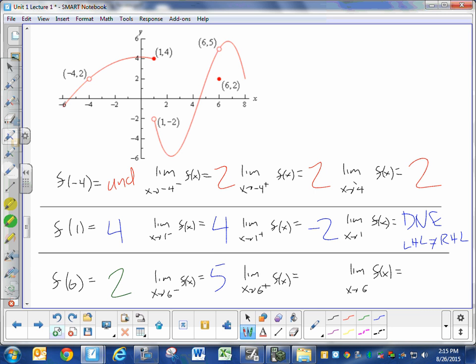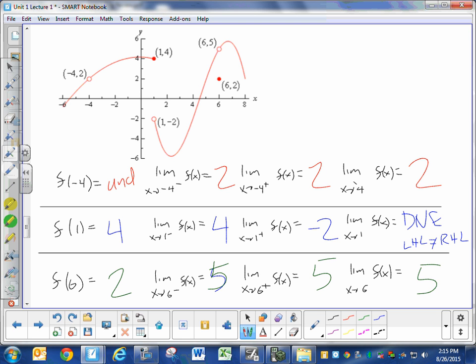So from the left, we have 5. From the right, it's the same way. Just a little bit to the right of 6, my function values are approaching this y value of 5 as well. So in this situation, my limit does exist and is equal to 5, but it's not equal to my function value.